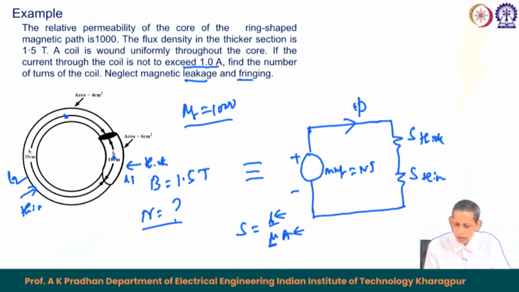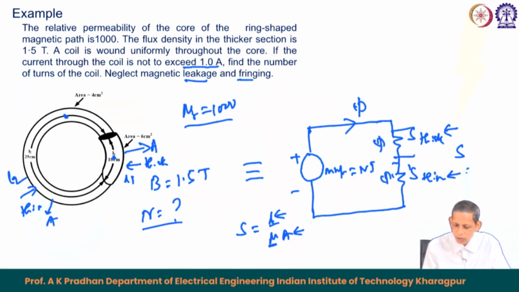So, you can find the S for the thicker part and the thinner part, and then the equivalent S is this plus this. This is a series case, so flux is the same throughout. For the given target flux phi, because area is available for the thick part and the thin part, there are corresponding ampere-turn drops: phi into this and phi into this.